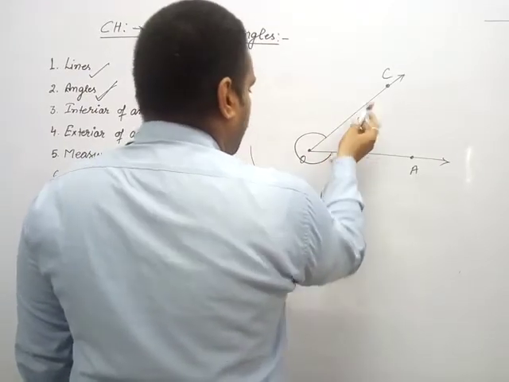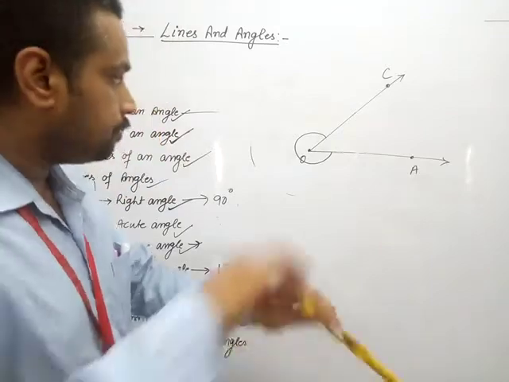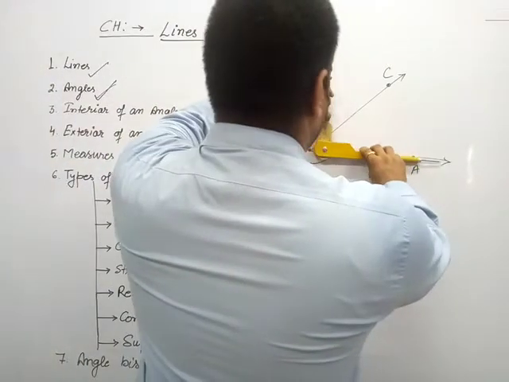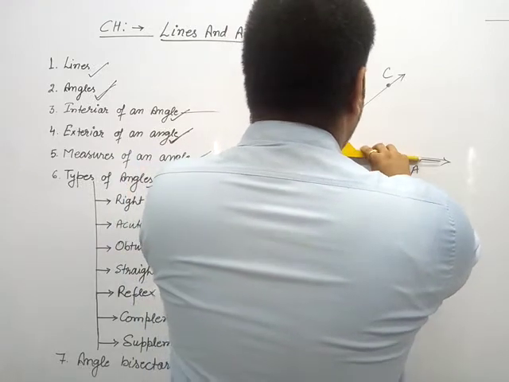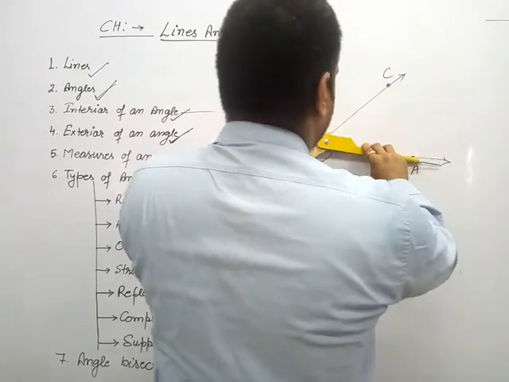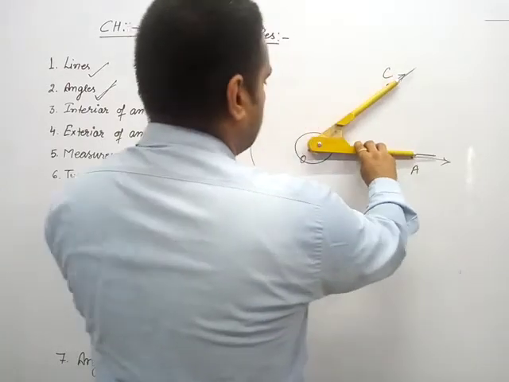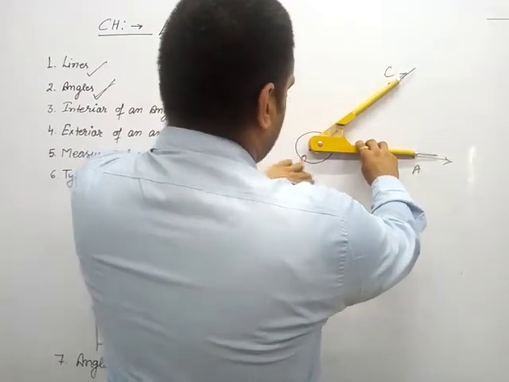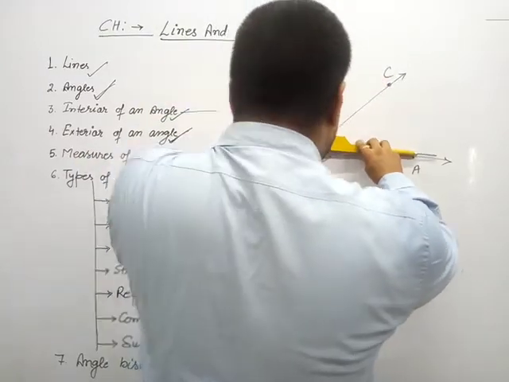When this ray is moving like that, this remaining portion up to the terminal line is going this way.